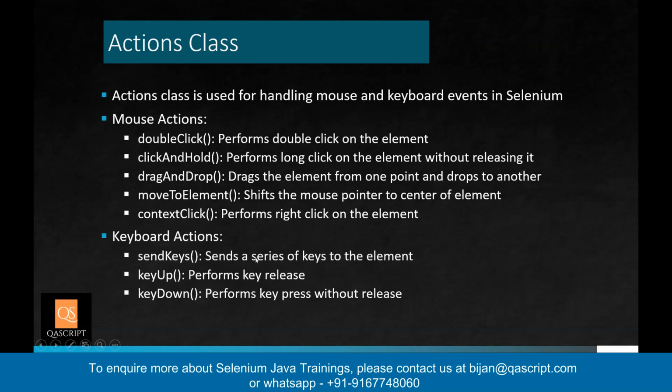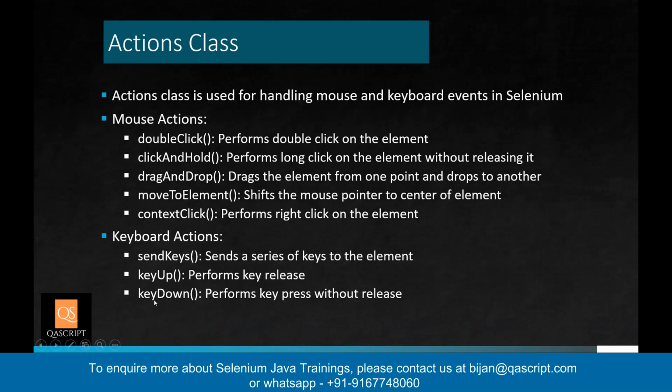Now, similarly, there are keyboard actions. Send keys sends a series of keys to the element. We have already seen this send keys method, which we have used in our WebDriver methods, but you can also use it as part of the Actions class. Then there is the key up method, which performs the key release, which means if your key is already pressed, then you can perform a key release.